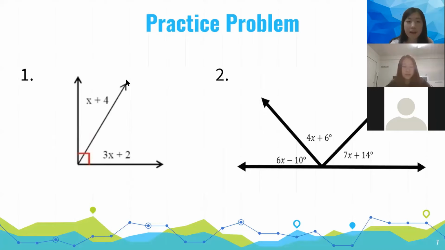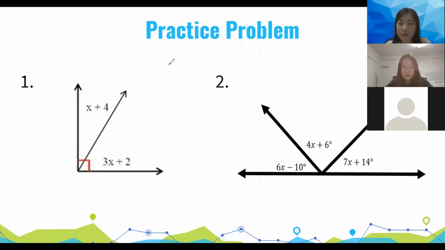So do you have any idea how to solve for x for a supplementary angle? You put all of those expressions equal to 180? Yes. Do you want to say it out loud and I can write it down?